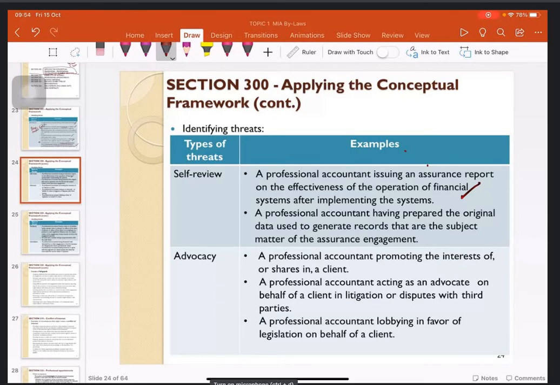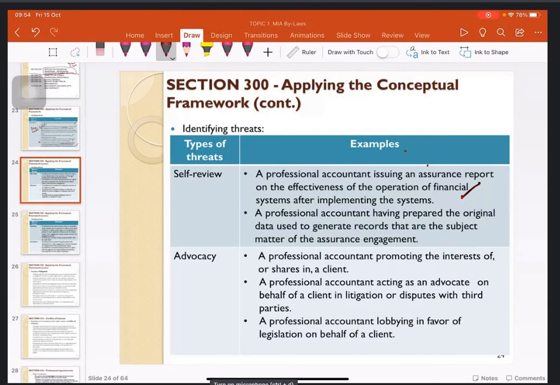Okay. Ataupun a professional accountant having prepared the original data used to generate record that are the subject matters of the assurance engagement. Okay. Kadang-kadang macam for the example, like say katakanlah bahawa consultancy department provide some of the information bagi servis kepada our client. Kemudian that client guna all the data untuk prepare dia punya forecasted income statement.